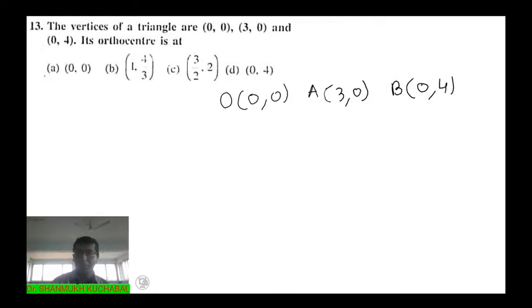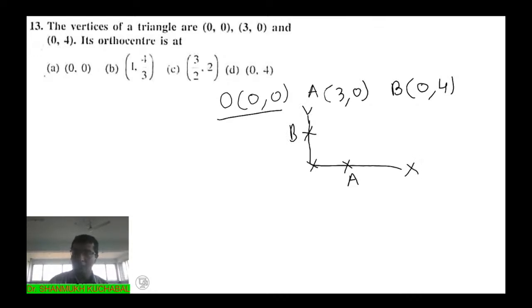Okay, so clearly we observe that O is the origin. The y coordinate is 0, the point A is on the x-axis. The x coordinate is 0, this is a point on the y-axis.